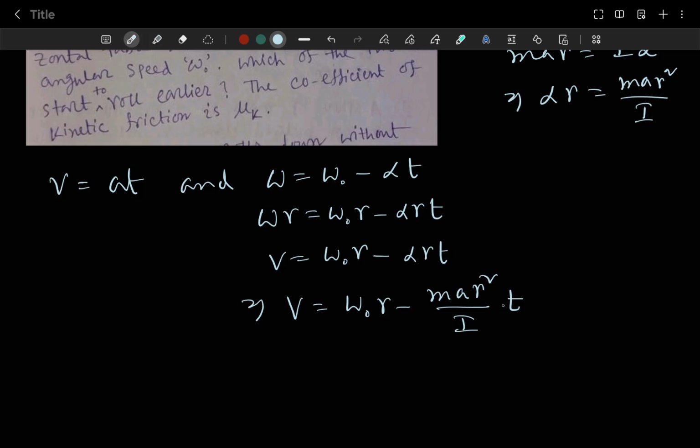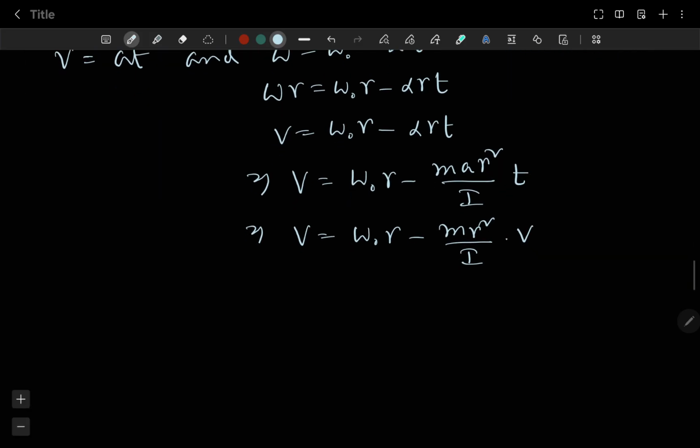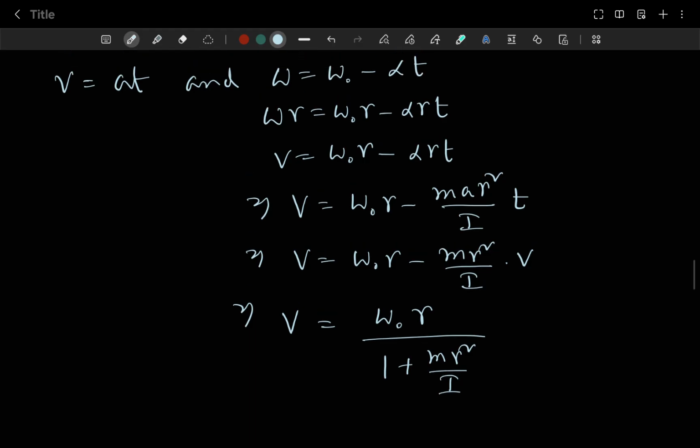So in place of a t we can write V. So V will be omega 0 r minus m r square by I into V. So we will have V as omega 0 r divided by 1 plus m r square by I.